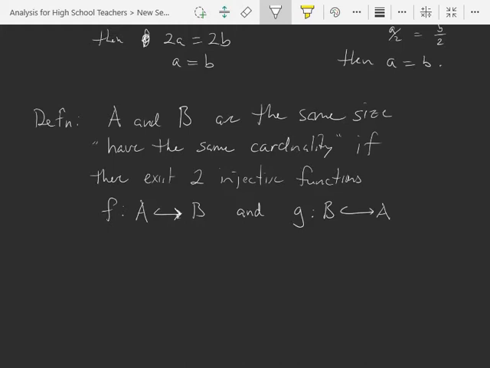So f is a function from A to B, and g is a function from B to A, and they are both injective. Kind of says A fits inside of B using the function f, B fits inside of A using the function g.